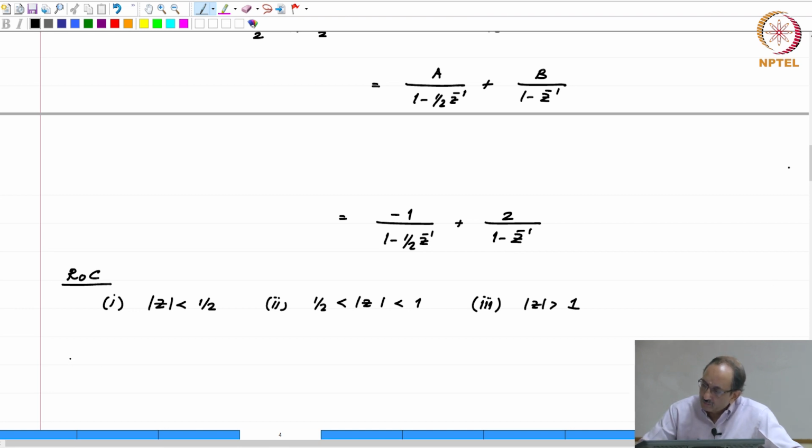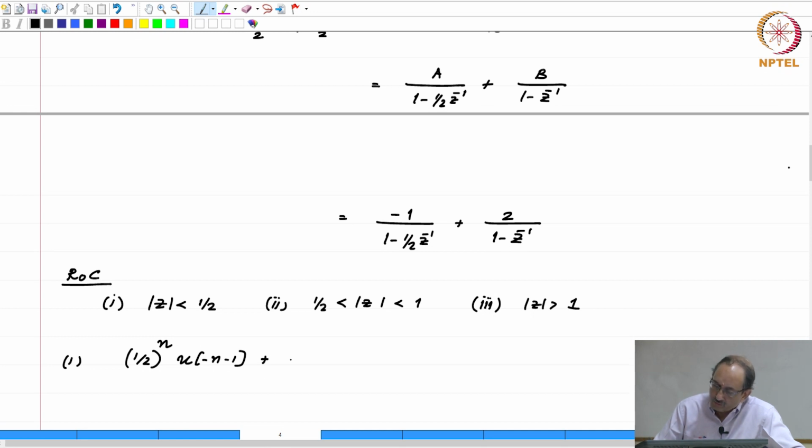And if this were mod z less than half, then this becomes half to the n u of minus n minus 1 plus 2 times u of n.